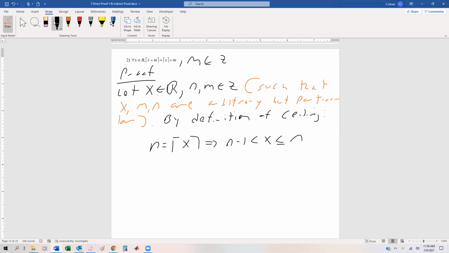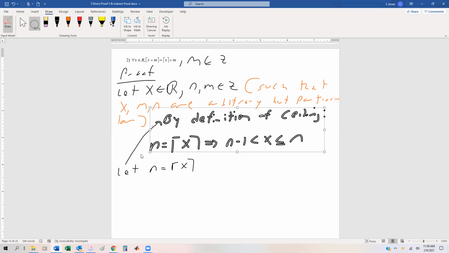And we do have to define n as the ceiling of x. Okay, so up here, right before the by definition, we should say let n be equal to the ceiling of x. All right. Now we can use the definition of ceiling. So let me erase this just so that we can move it so it's in a correct order.